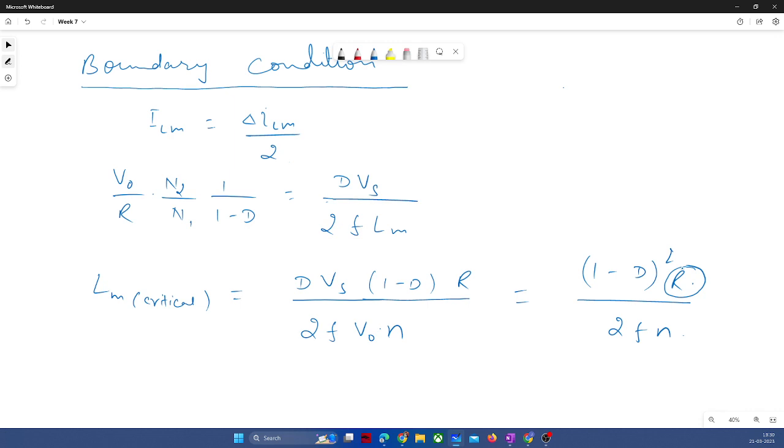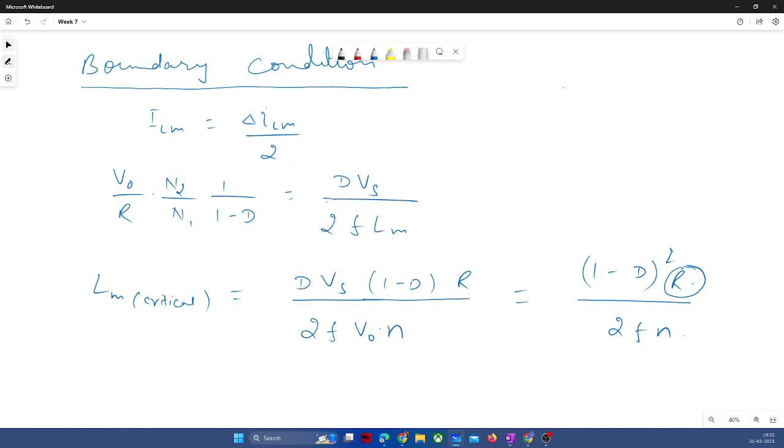Sir, we are actually finding this critical inductance to not allow the converter to operate in DCM, correct? Yes. So as you explained, if you keep this R naught to be R naught minimum while we are designing this Lm, then whatever R naught varies, it will remain in CCM.